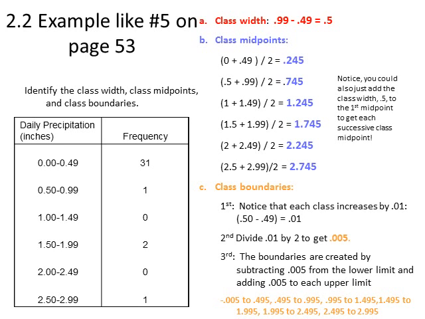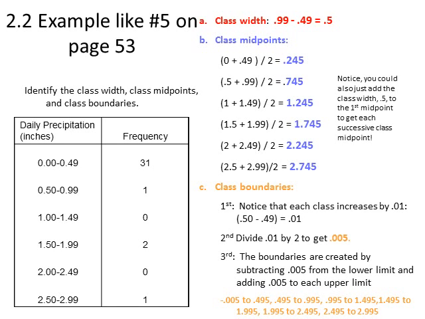So the boundary would be from negative 0.005 to 0.495. So I'm adding 0.005 to 0.49. Now, if you take the next class, which starts at 0.50, if you subtract 0.005 from 0.50, you get 0.495. And then we add 0.005 to the upper number, 0.99, and we get 0.995.